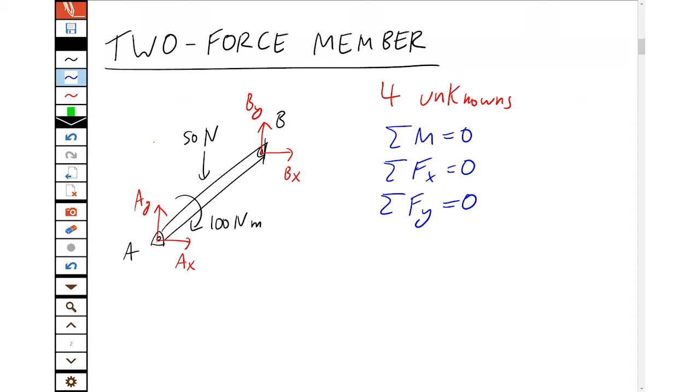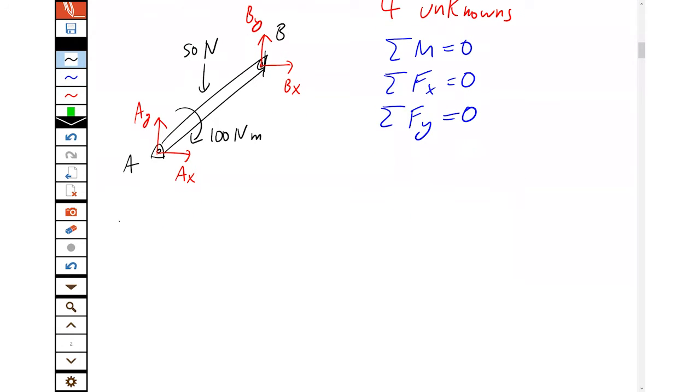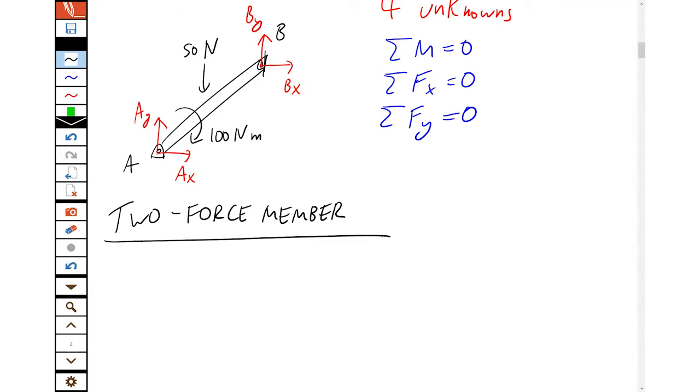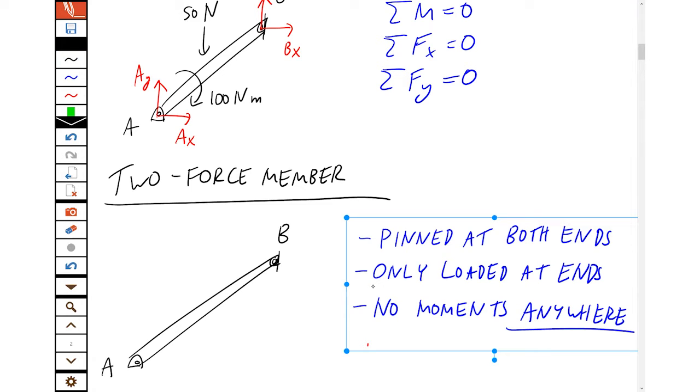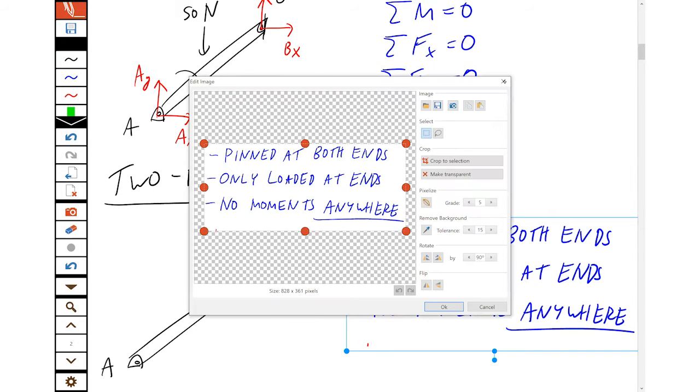But if we have a special case of a two-force member, life gets a lot easier. So we always keep an eye out for these. A two-force member is so-called because it's only got the two forces acting on it from the ends. You just have A and B pinned down, and you have some conditions. It's pinned at both ends.